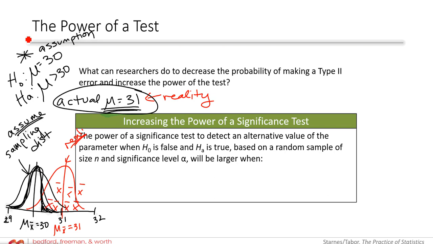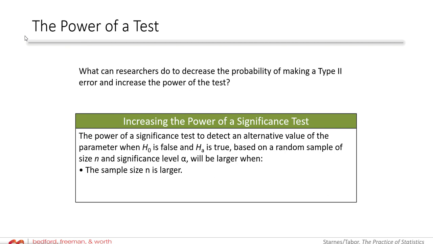So in other words, my X bars are going to be further away from the majority of the X bar values that I think I'm going to get. So I'm going to be more likely to reject HO. So essentially, the power of the test is going to increase at a certain population parameter value when I increase my sample size.